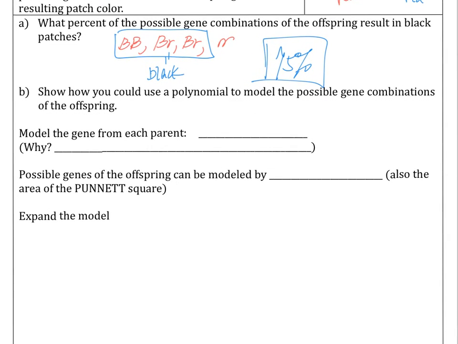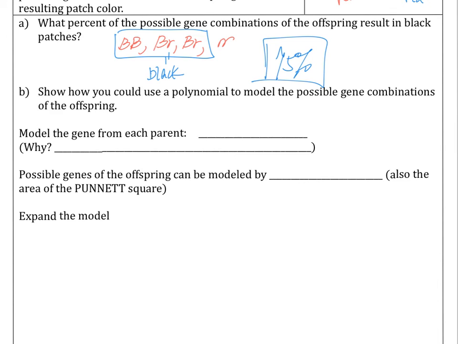Moving on. Show how you could use a polynomial to model the possible gene combinations of the offspring. Okay, so first, model the gene from each parent, and that would be 0.5 B plus 0.5 R. Why 0.5?